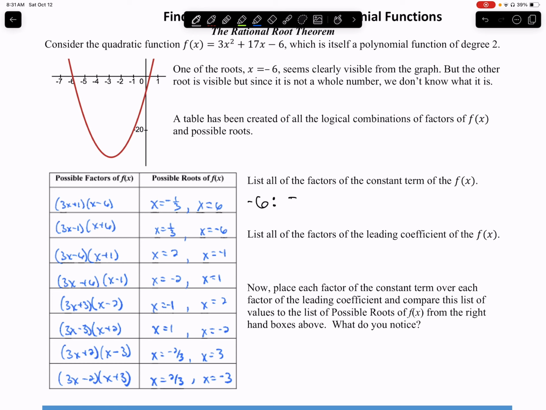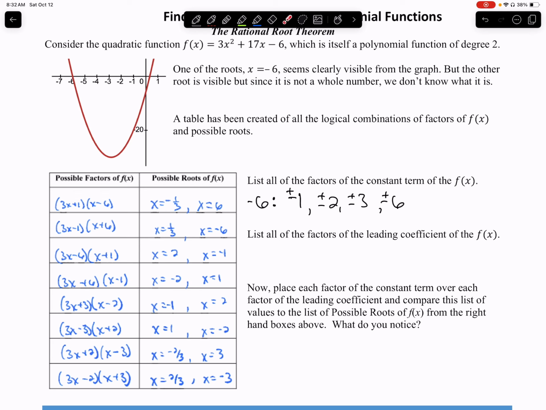We could multiply negative 1 times positive 6. We could multiply positive 1 times negative 6, so there's 4 different factors. We could multiply plus or minus 2 times plus or minus 3. So there's 8 different factors there. There's 4, and then the negatives of those, that's going to make 8.